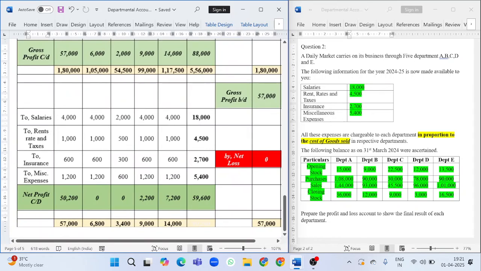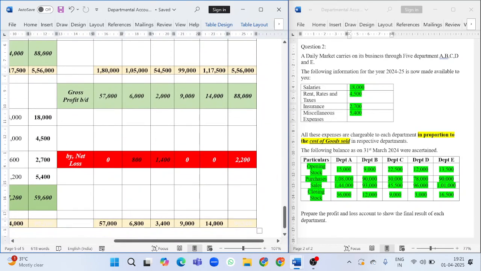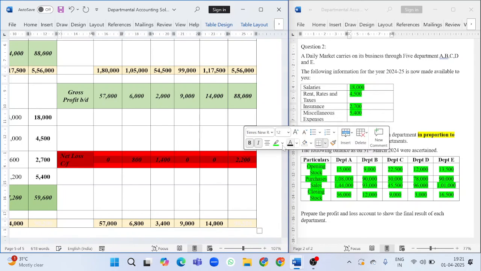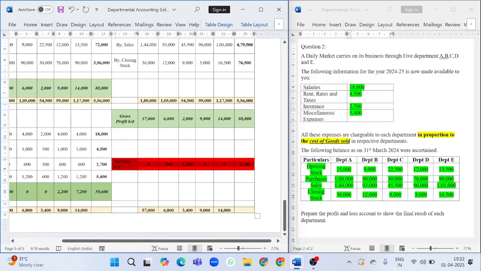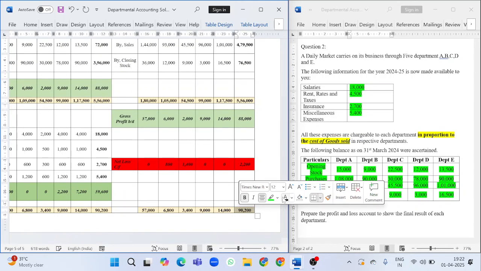But I have got some balances on the right side. So for two departments, department B and department C, those are my net loss carry forward. Okay. Now even your total balance also will get tallied.